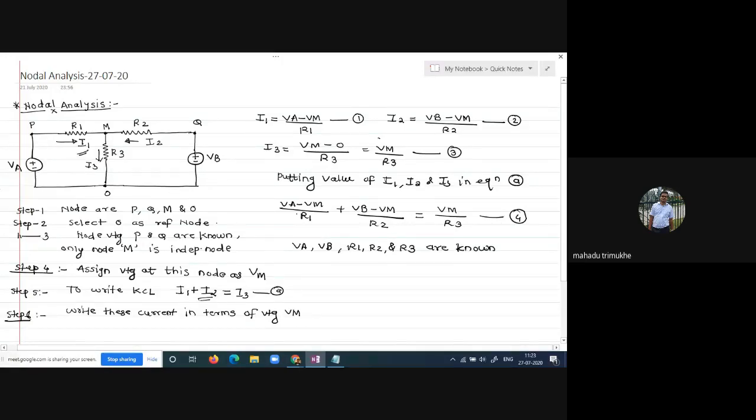Only unknown is VM. So solving the above equation number 4, you will get VM. These are the 7 steps to solve nodal analysis.